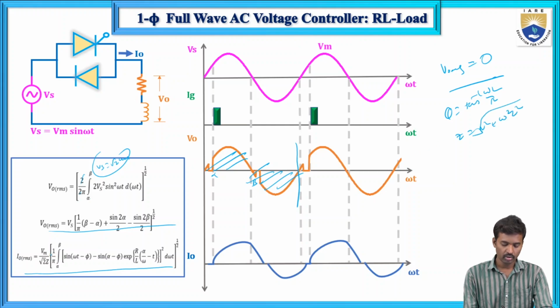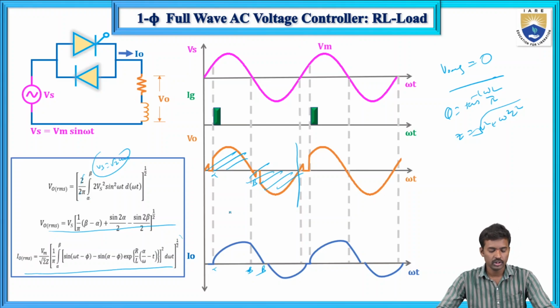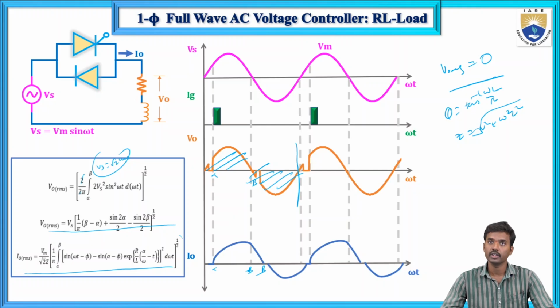So I0 RMS equals under root 1 by pi, integrated from alpha to beta, of sin omega t minus phi minus sin alpha minus phi times exponential of R by L into alpha by omega minus t, whole square d omega t. This is the RMS output current.